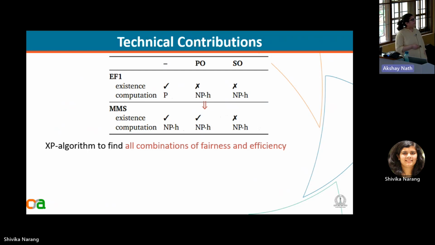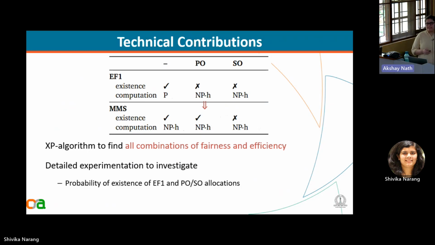Okay, and we'll use this algorithm to do experiments to see, okay, if this combination is not existing, how often in simulations will it exist, for example, and also explore some fairness versus efficiency trade-offs.